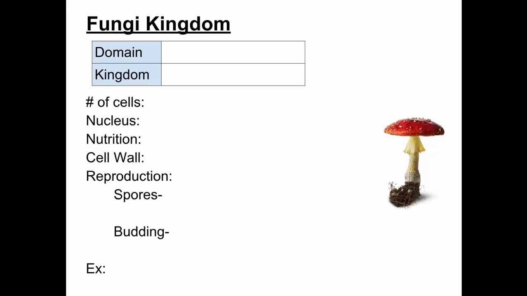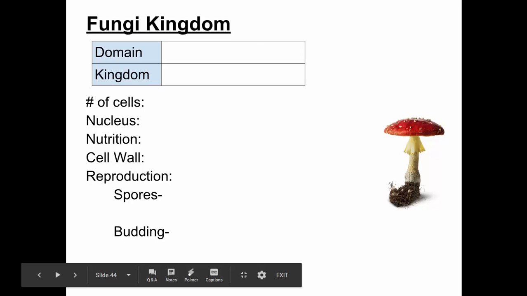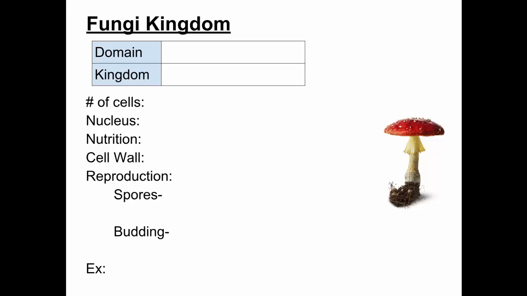So to begin, let's think about where we are in terms of taxonomy. When we're speaking about fungi, what domain are we in? There's only 3 domains. You are in the eukaryotic domain. What kingdom are we referring to?